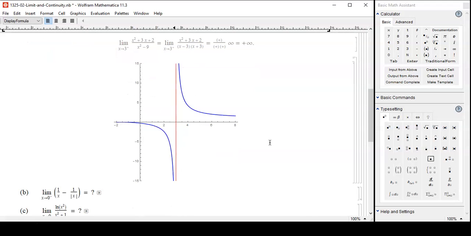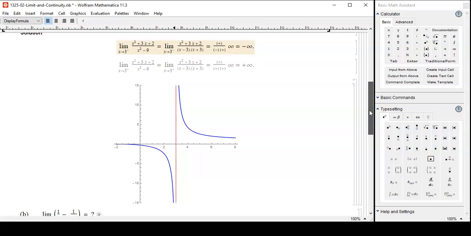Easy to understand. Which is better? Make your choice. This is what you get if you have limit from 3 plus from the right hand side. You can use the same idea using all the signs, or you can use a graph going up to positive infinity from the right.